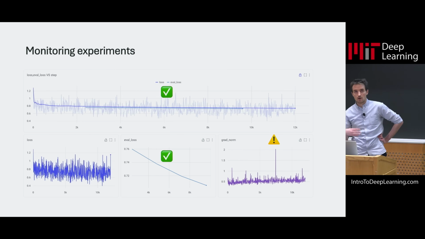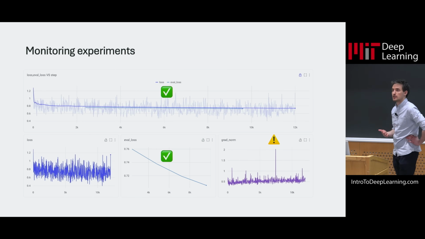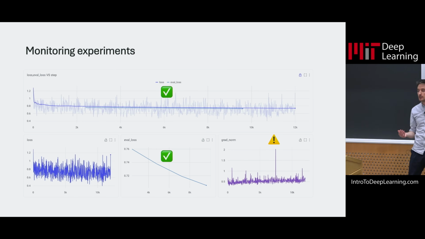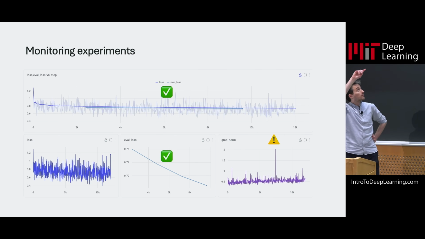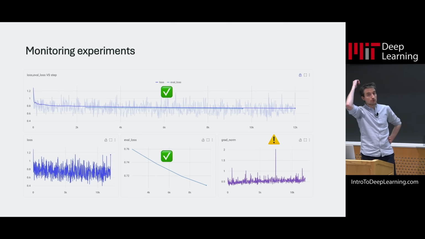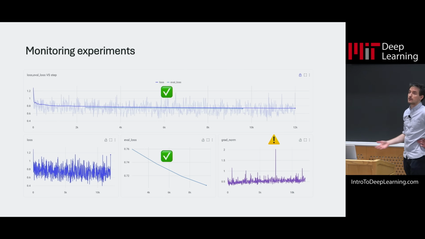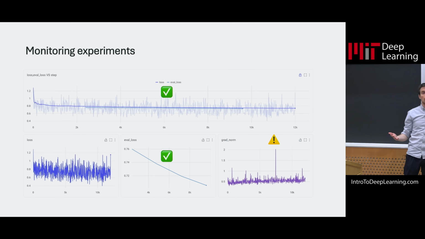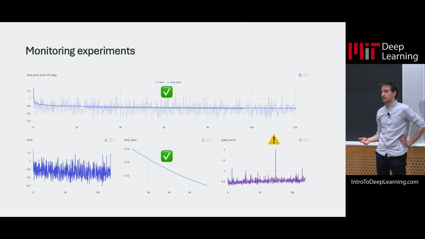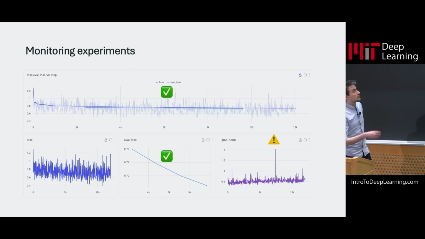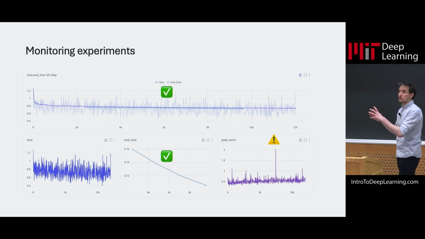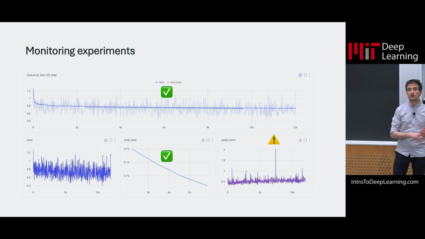There are other metrics that you can also monitor during training. You can see on top there's the training loss, but in the middle, at the bottom, there's also the validation loss. If you have a validation dataset, you can also monitor that and make sure that you're not overfitting. And there's also the gradient norm. So the gradient norm is really the magnitude of the updates that you receive.